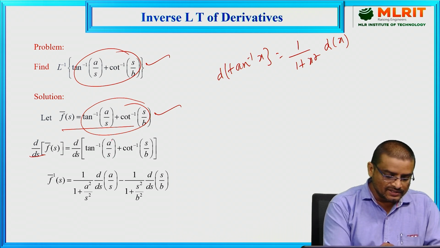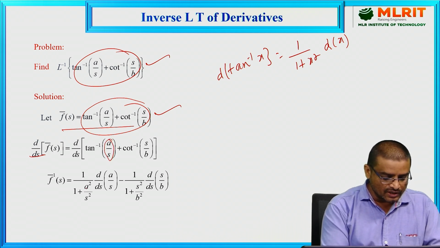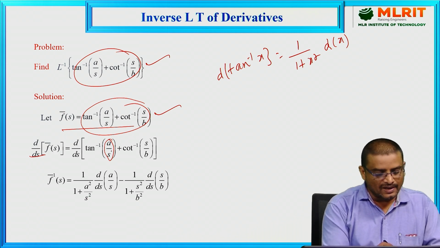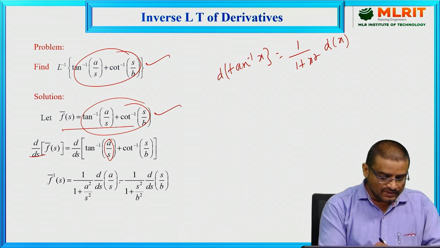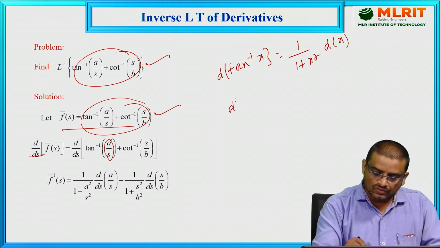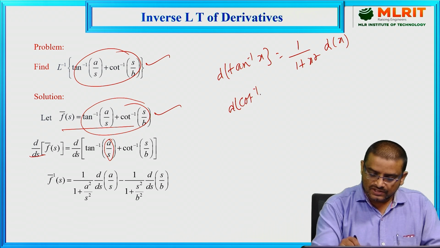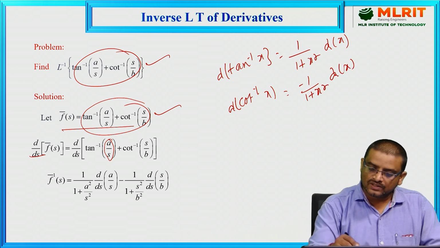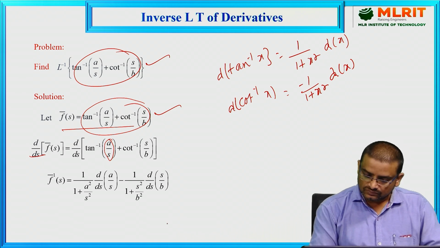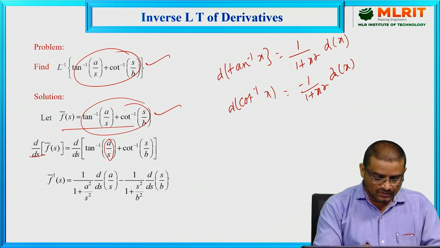So here x is a by s, so 1 by 1 plus a square by s square, and the derivative of a by s, plus minus the derivative of cot inverse x. You will get the same value with a different minus sign, so minus 1 by 1 plus x square into the derivative of that function. So you will get this.